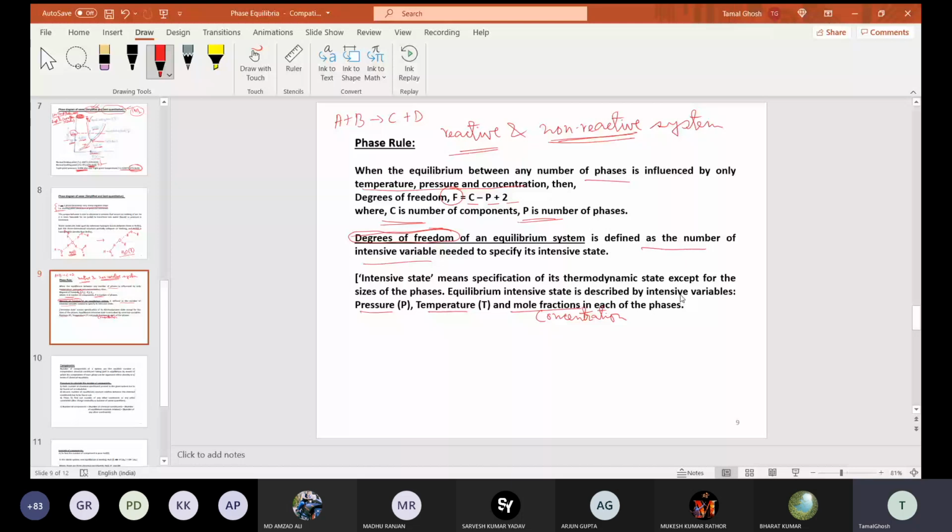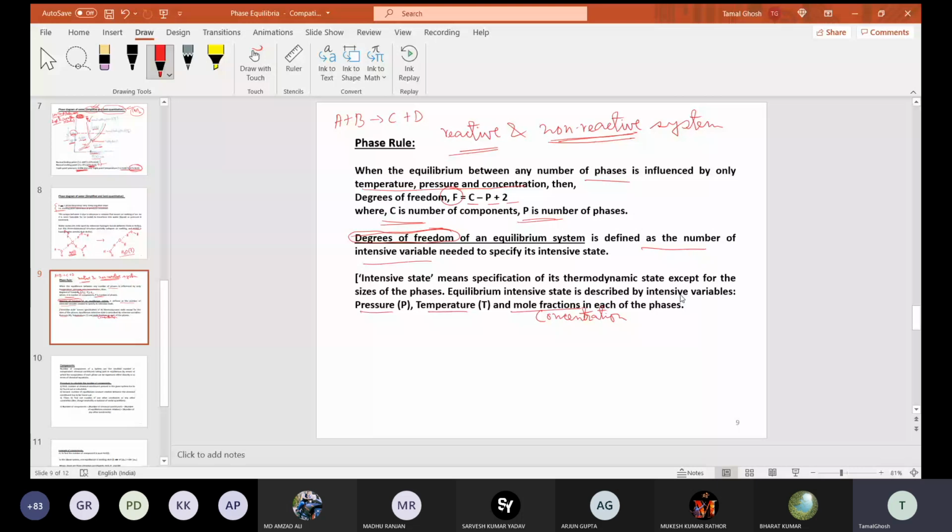Now applying this, we are only getting the number of variables required to specify its intensive state. What are those variables? You have to justify that from your given system.